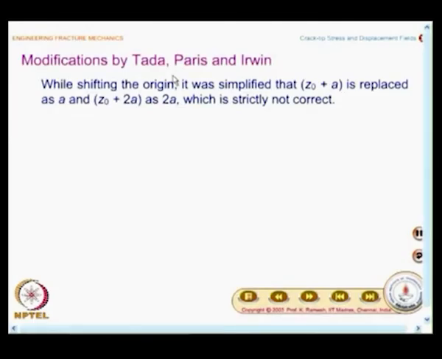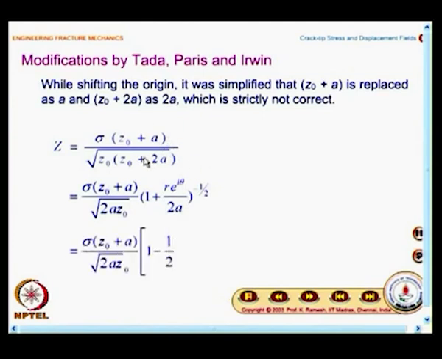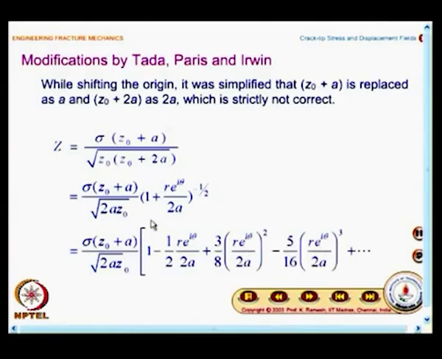In addition to this, we also saw what are the modifications done by Tada, Paris and Irwin. While shifting the origin, we had made a simplification. Instead of simplifying the way that we had done, you could express the denominator as a binomial series.